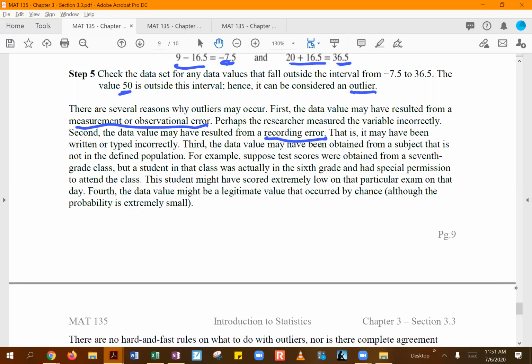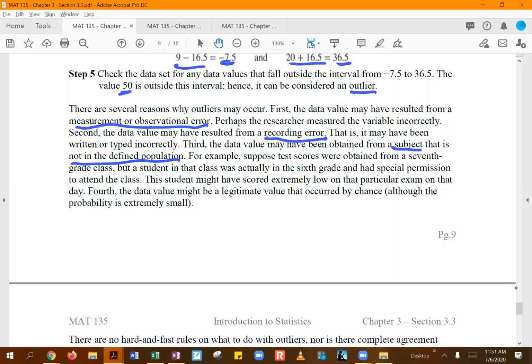They're saying third, the data value may have been obtained from a subject that is not defined in the population. We had seen an example where we talked about a student who was in a 6th grade class but was taking a 7th grade class. So that student technically is not part of our population over here. And I think I'm actually talking about that example over here again.